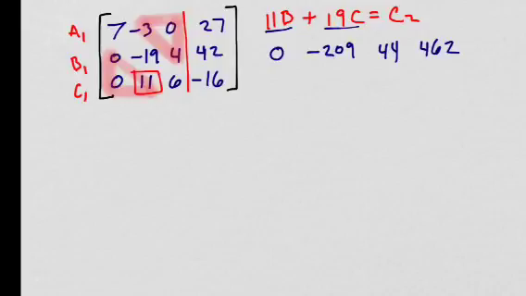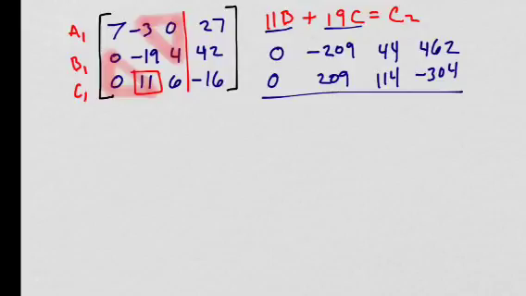Okay, now we'll do 19 times the C row, C1. That's 19 times 0 is 0. 19 times 11 is 209. 19 times 6 is 114. And 19 times negative 16 is negative 304.